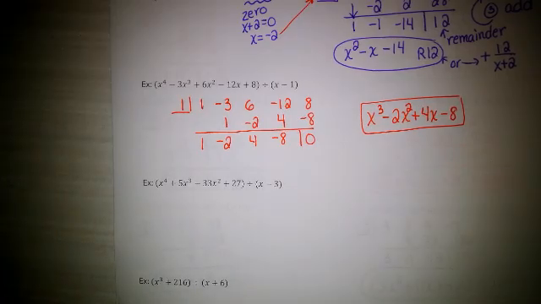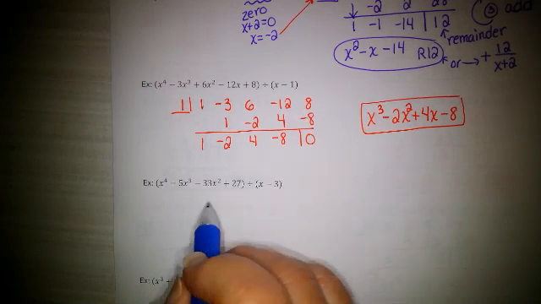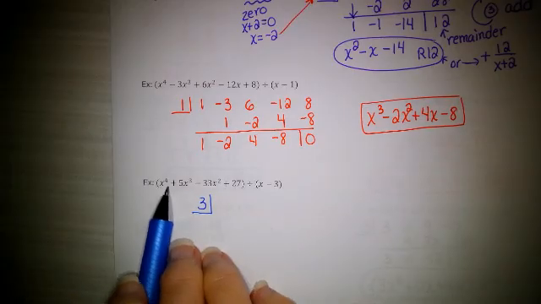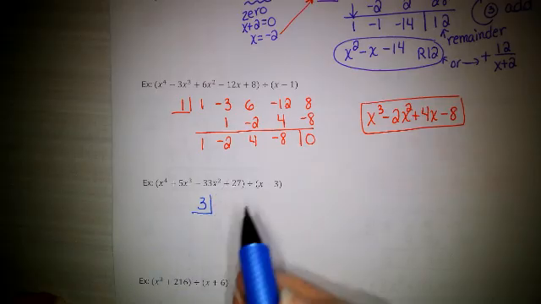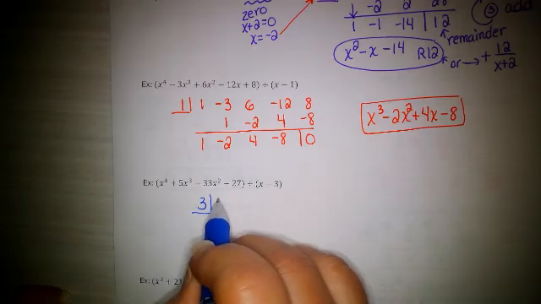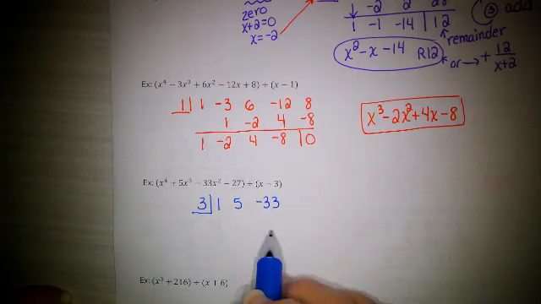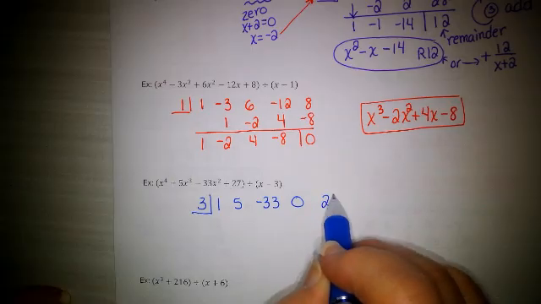Let's try the next one. What is the zero of x minus 3? That's 3. And now write just the coefficients. Oh, notice you're missing an x to the 1st. Watch what we do. X to the 4th, x to the 3rd, x to the 2nd, x to the 1st, 27.